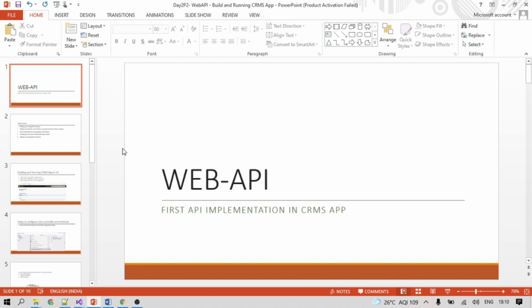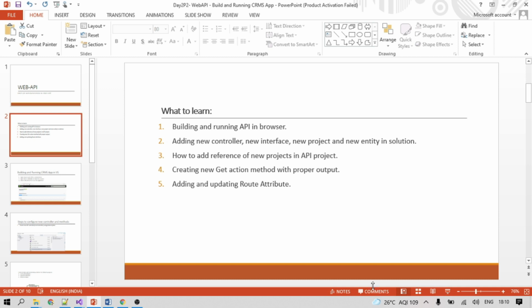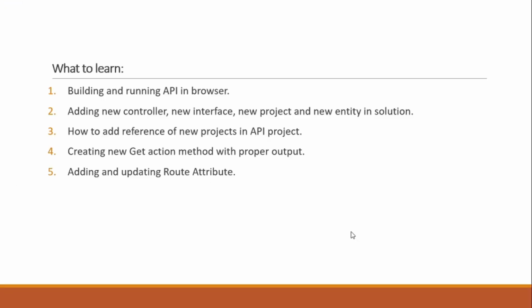In this video, we are going to learn about building and running the API in a browser, meaning how it gets executed and how it's running on a browser, and adding a new controller, interface, project and entity in a solution.